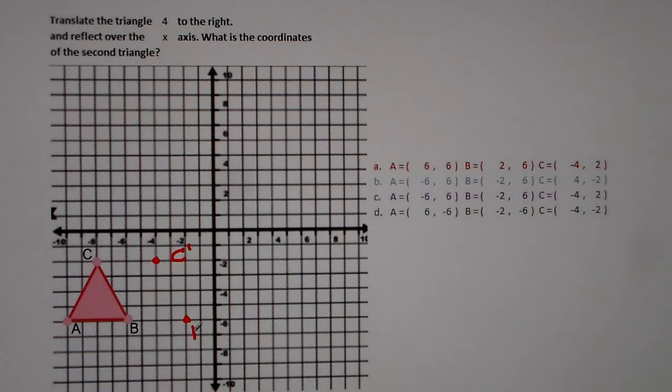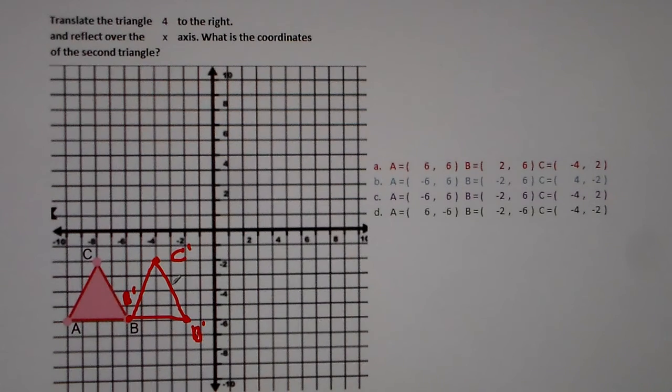This red dot is B prime. Then from A, we move that to the right 4. It lands right there on B. That's our A prime. So this red triangle is just the translation of 4 units to the right.